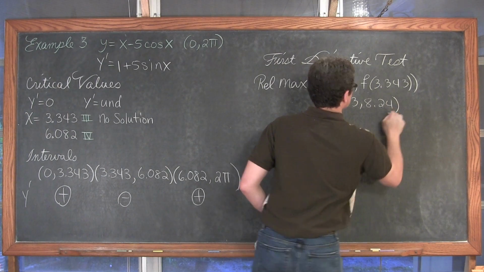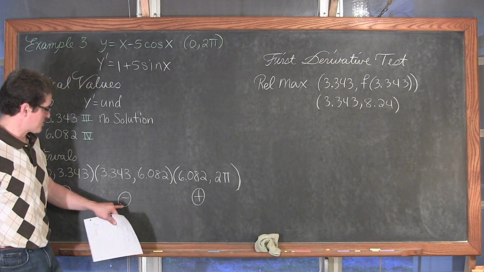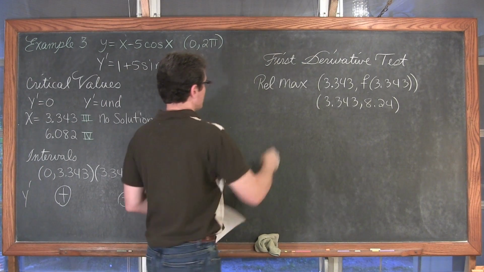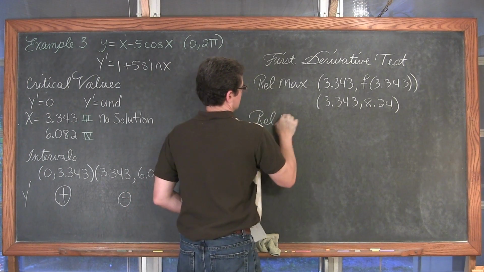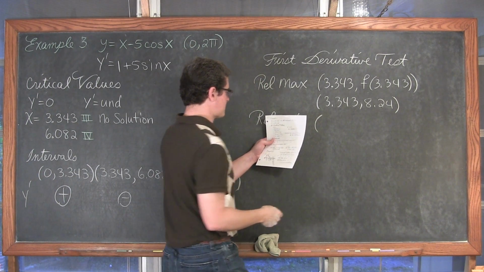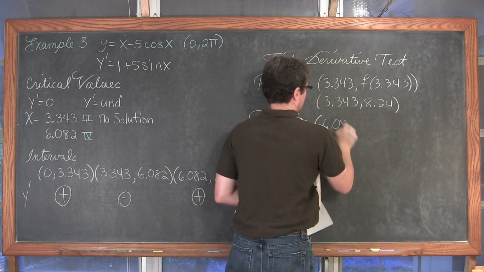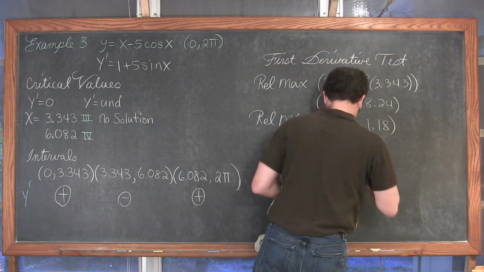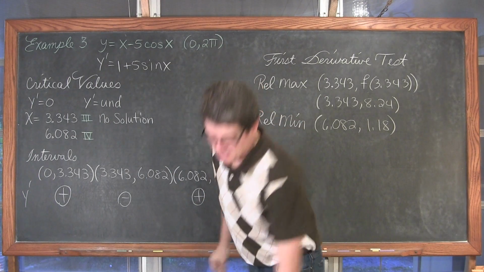And we switch from our first derivative being negative to positive, falling and rising again, so we have a relative minimum at, drum roll please, 6.082, 1.18. And that is the end of our last algebraic example.